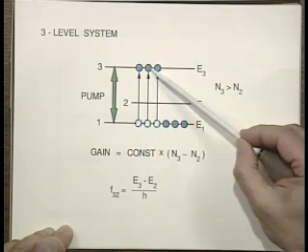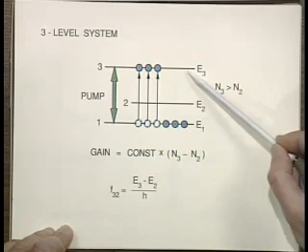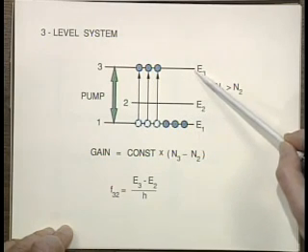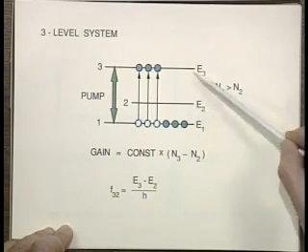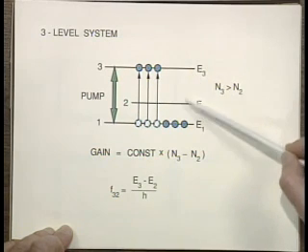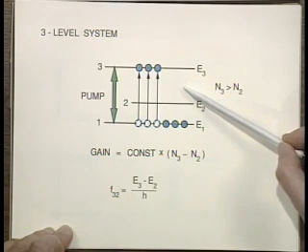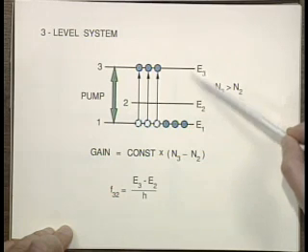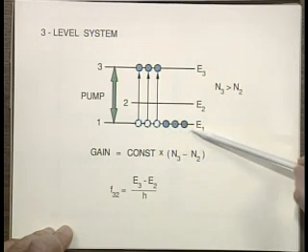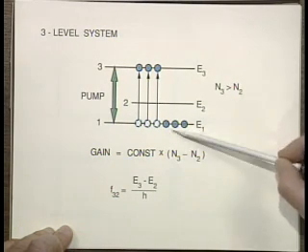Now, as soon as you put some atoms up here, there is a population difference between level 3 and level 2. So now you have amplification for light at this frequency. But if you look at level 1 and level 3, that's still absorption or what have you, but certainly no amplification.